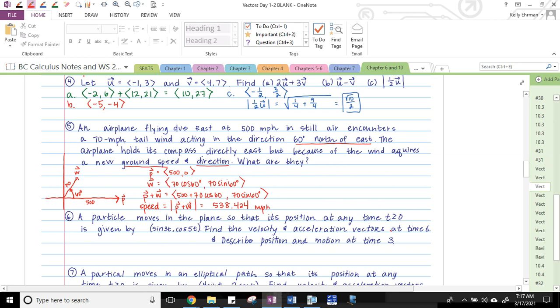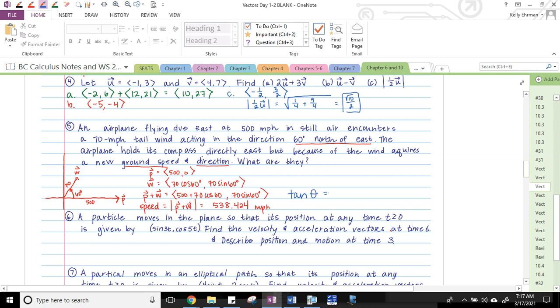What about the new direction? So you went from facing 0 degrees to having a 60-degree force act on you, basically. If this is our P plus W vector, the angle formed would still be in the first quadrant.